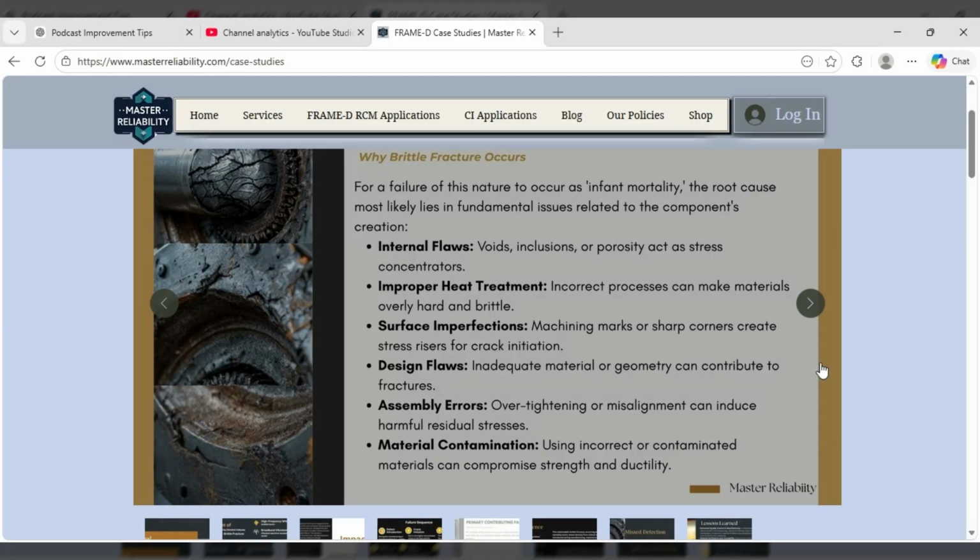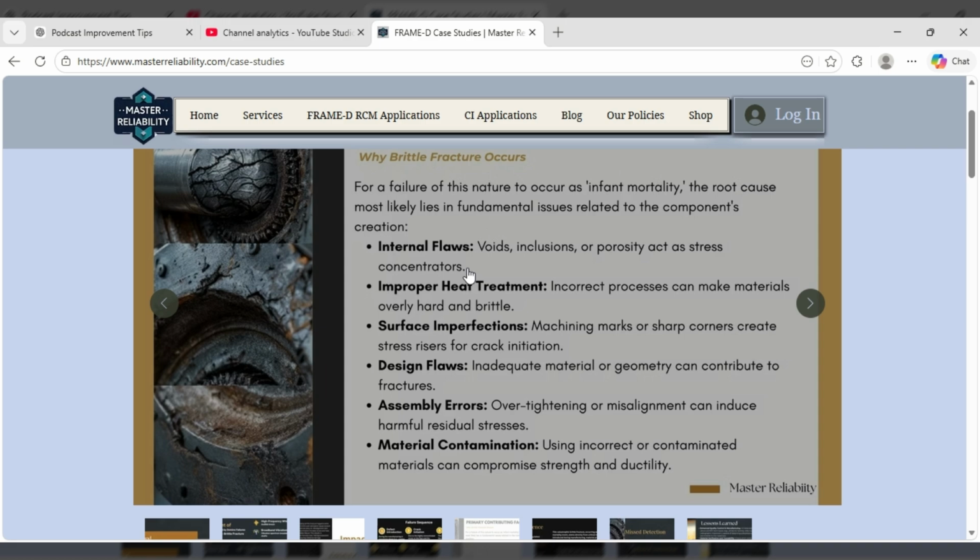So why does a brittle fracture occur? Well, we see internal flaws, so voids, inclusions, or porosity acts as a stress concentrator. This can happen when it was formed. So let's say that we have a part that is made through a gel die, which means that we're going to die cast the part from a sand-like material, and inside that sand-like material is actually metal that is put into a cast.